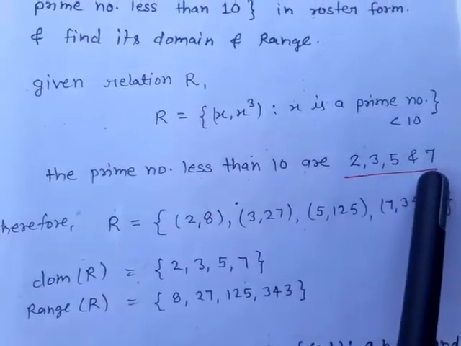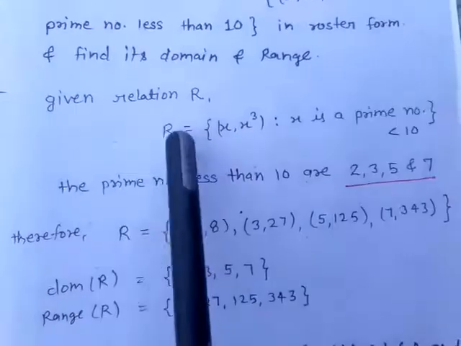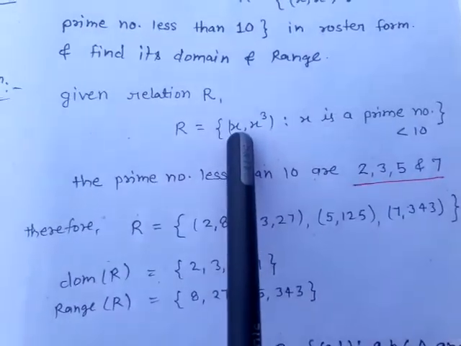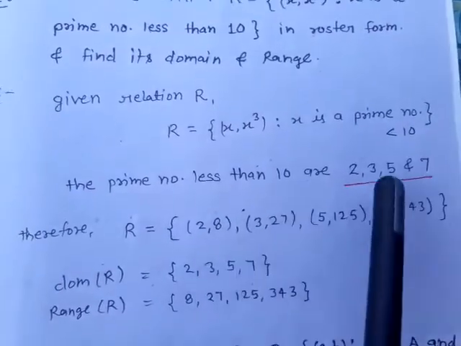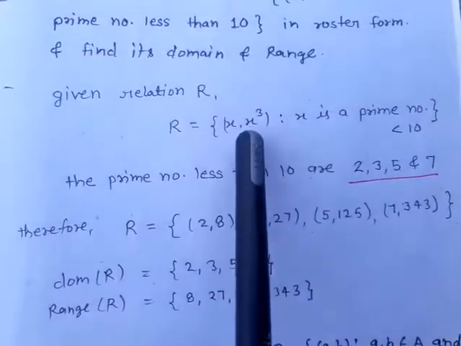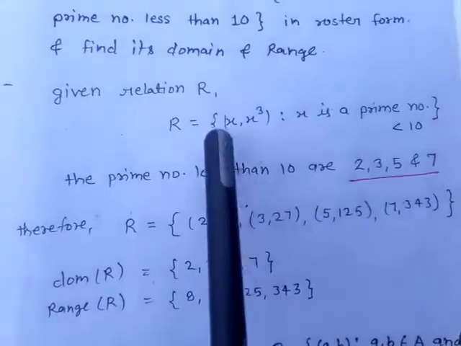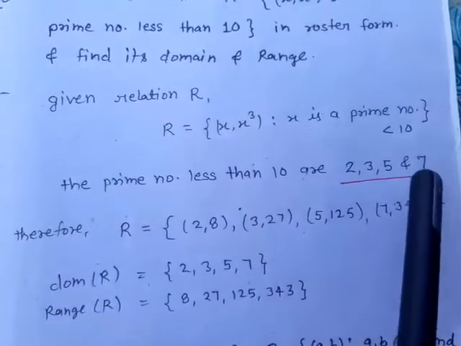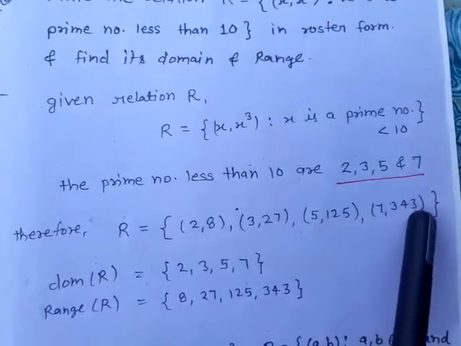There are 4 prime numbers less than 10, and putting them in we get the ordered pairs. For x equal to 2, 2 cube is 8, giving (2,8). Next 3: 3 cube is 27, giving (3,27). For 5: 5 cube is 125, giving (5,125). For 7: 7 cube is 343, giving (7,343).